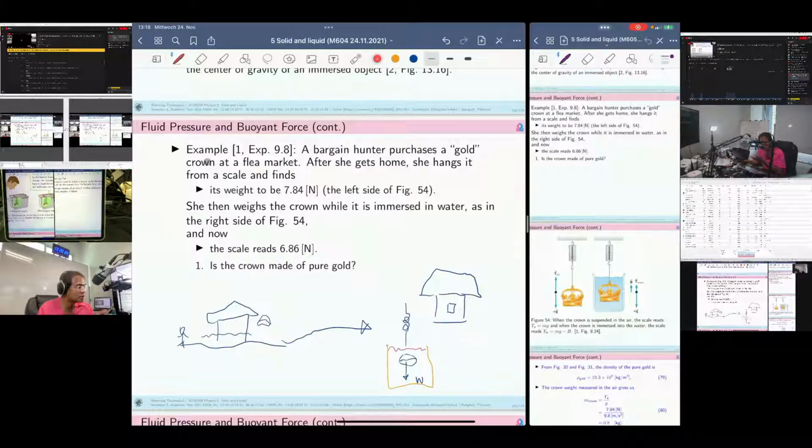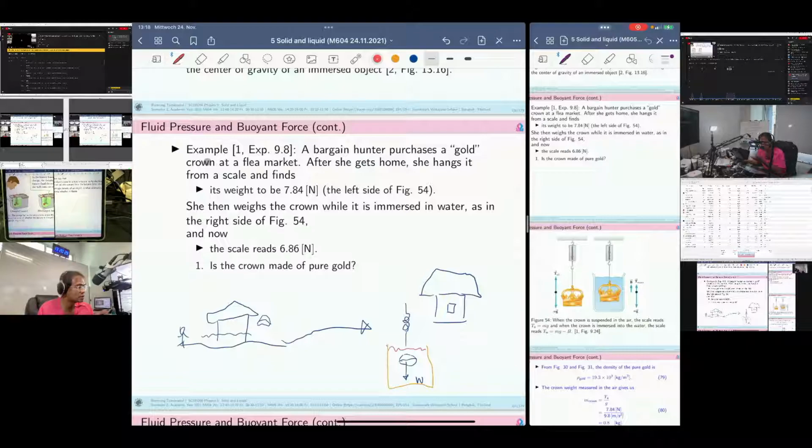And the different thing in both situations is that here we don't have any buoyant force at all because we don't leave the crown inside any liquid, just simply in the air, right? And this one is different. We leave it inside a liquid. The question is, is this crown made of pure gold or not, right? So what should we do then?